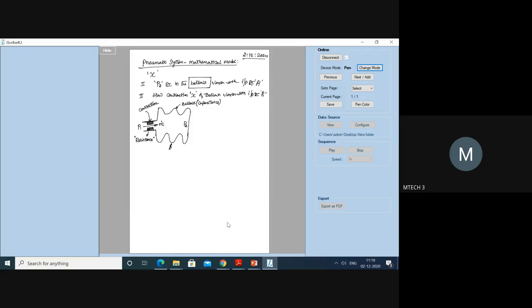Write down. Bellows is an example of a simple pneumatic system.